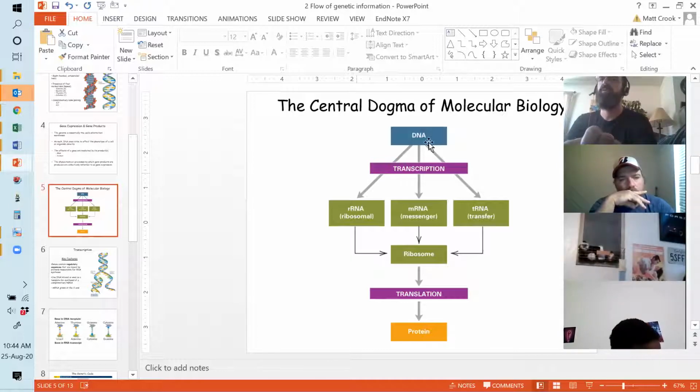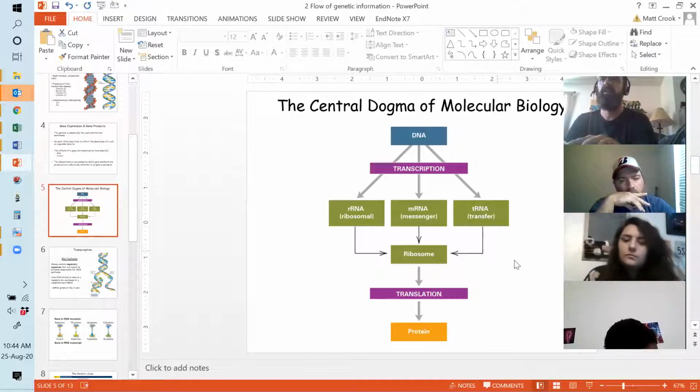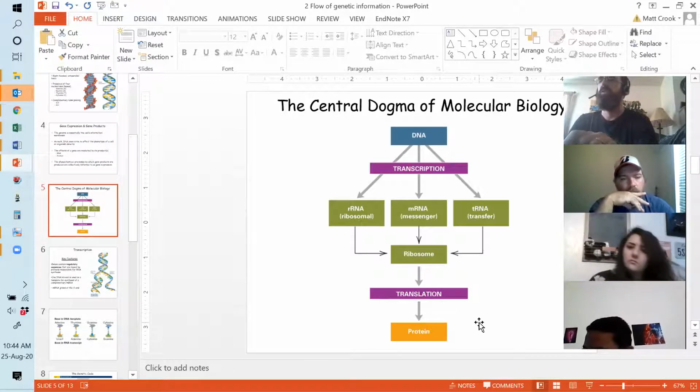That's what defines a cell, essentially, as being a particular cell or another one, right? And so the process by which that occurs is essentially transcription, right? Which is how you produce RNA, whether it's messenger RNA or other associated non-coding RNAs such as rRNA or tRNA. Use some proteins and some more RNA and you get translation, right?